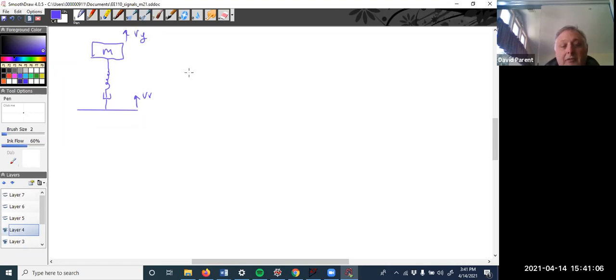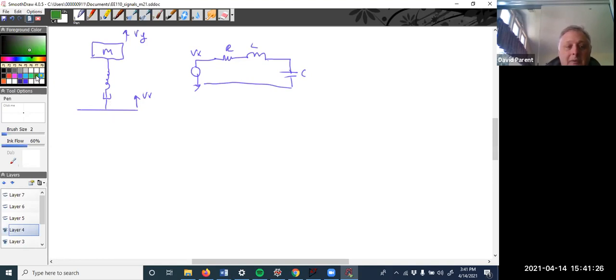So here we have our mass spring damper. Vx and velocity are the equivalent. The damper is a resistor. The spring is an inductor. And the mass is a capacitor, RLC. Right?